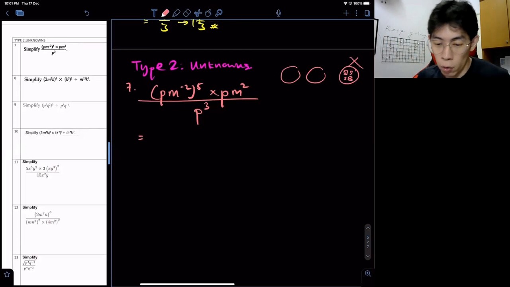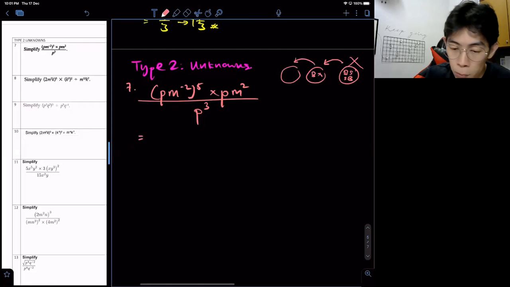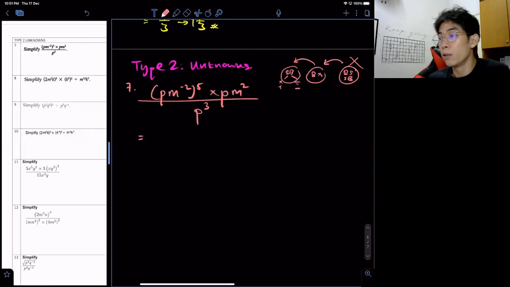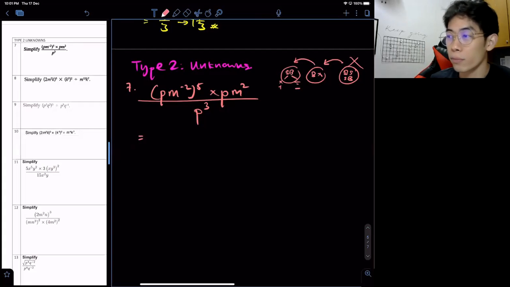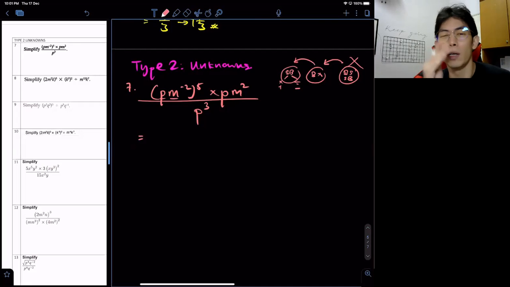Next, you move here. Bracket, you're going to times it. You move here again. Then same base, you times your plus, divide your minus. Sorry, I said the wrong one.